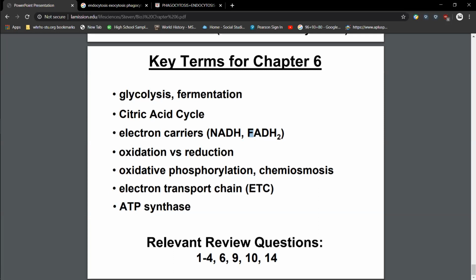Okay, so the citric acid cycle, just remember it breaks down the pyruvate molecule, creates NADH and FADH2. So oxidation versus reduction, just give me which is loss of electrons and which is gain of electrons.